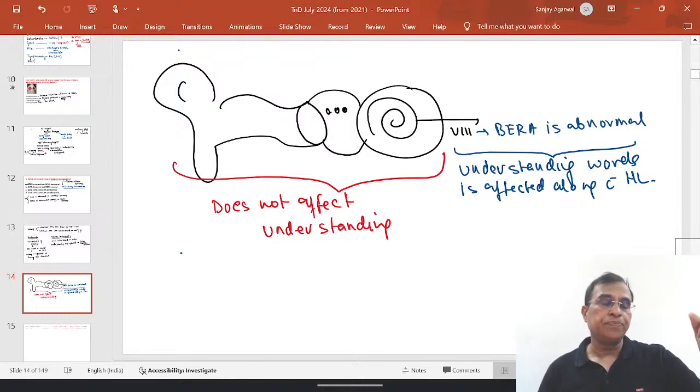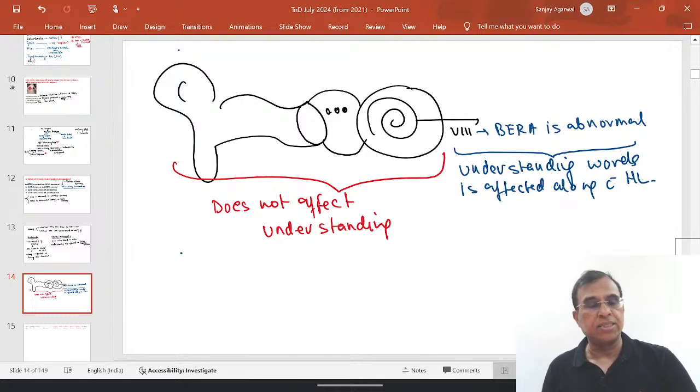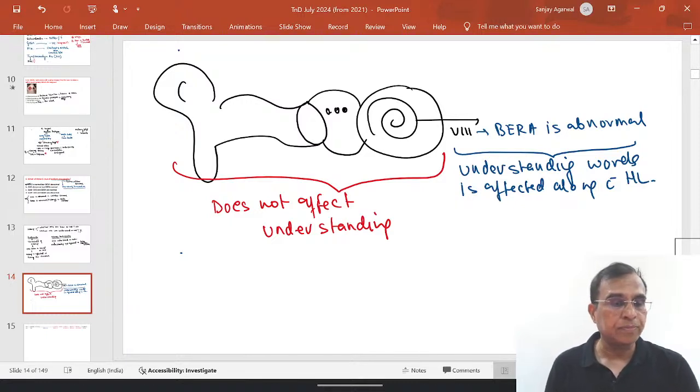So, that is what Vignesh is trying to say when he says that in the history of the child, they can hear the sound but do not understand the speech. And this is true for all retrocochlear diseases. Right.